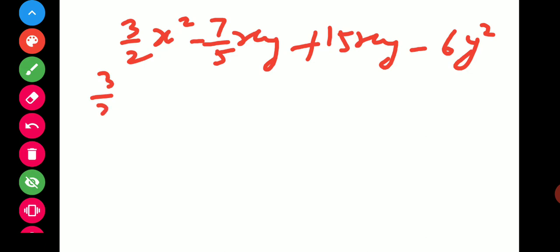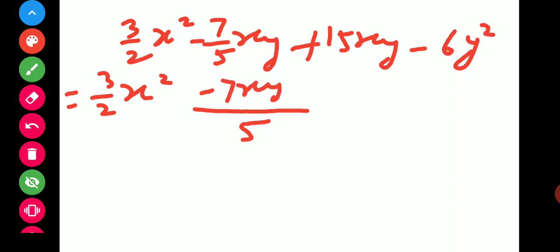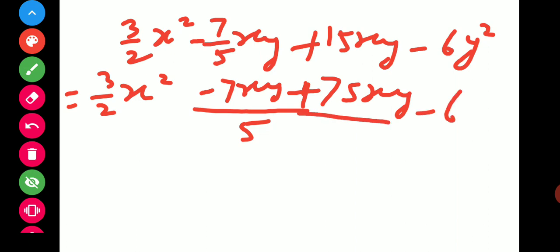So 3 by 2 of x square, taking their LCM, which is 5, so here is minus 7xy and plus 15, 5 15s are 75 xy and minus 6y square.